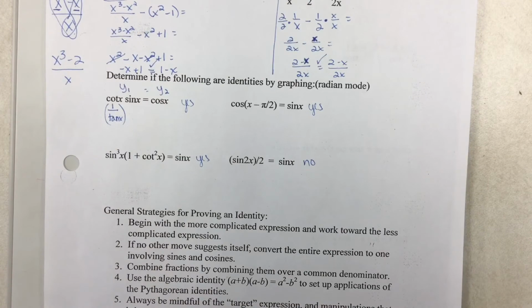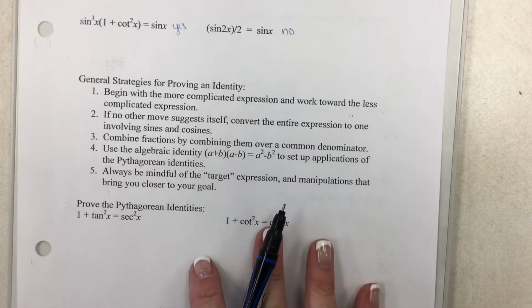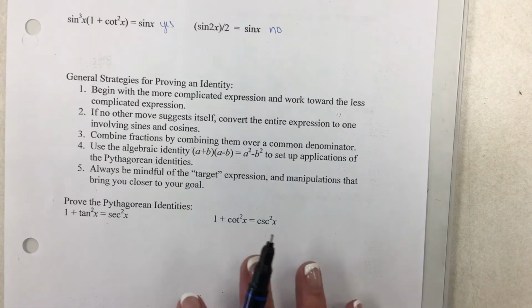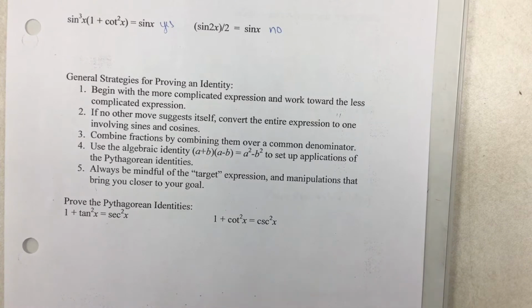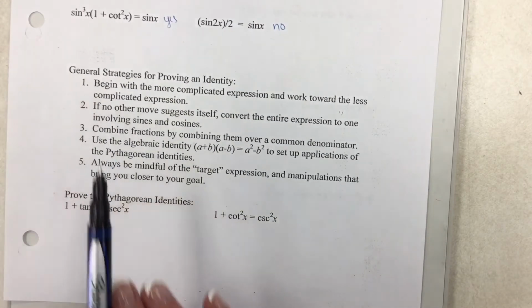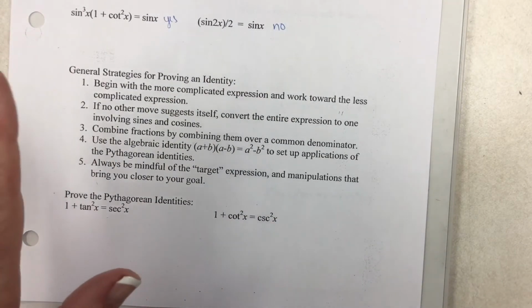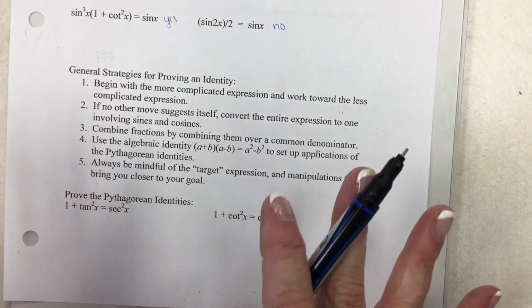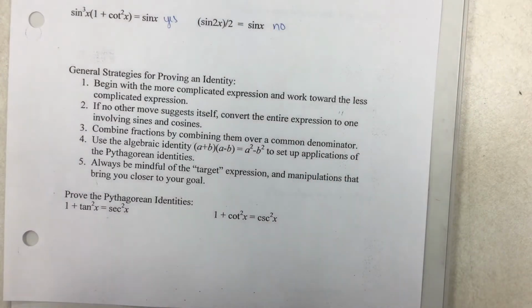Okay, so down below we have some strategies. Most of these we've seen and heard before because we've talked about them in 5.1, but just to reiterate, we're starting fresh in 5.2. What we're going to have is one expression on one side and another expression on the other side, and we want to make sure that they're equal.